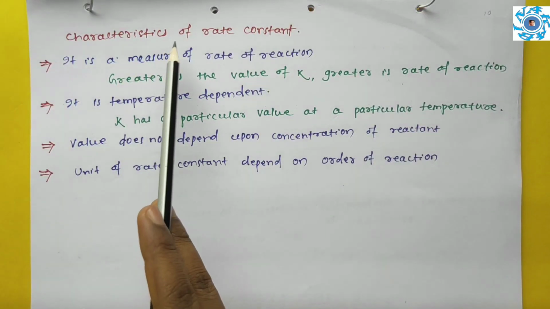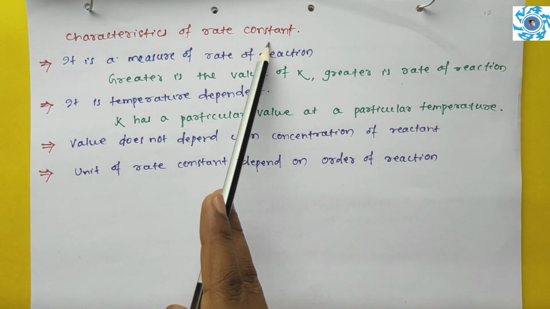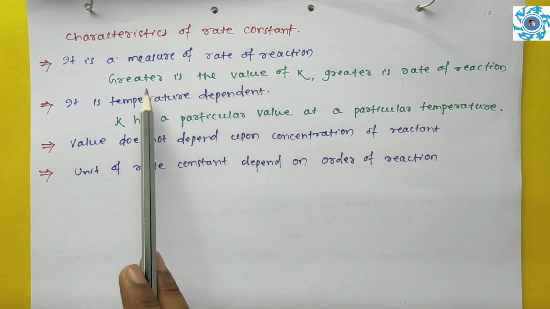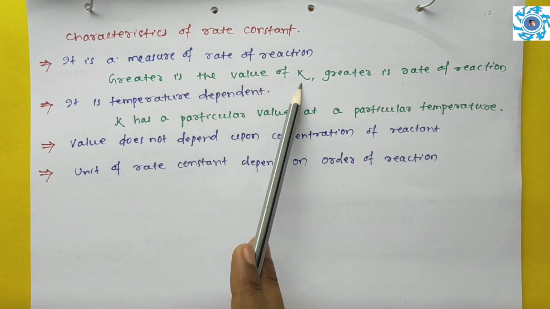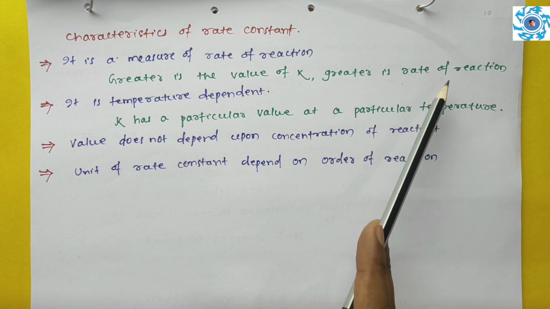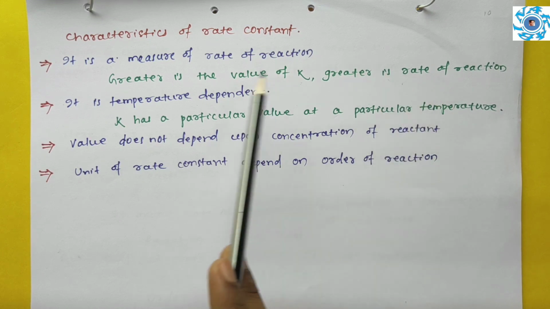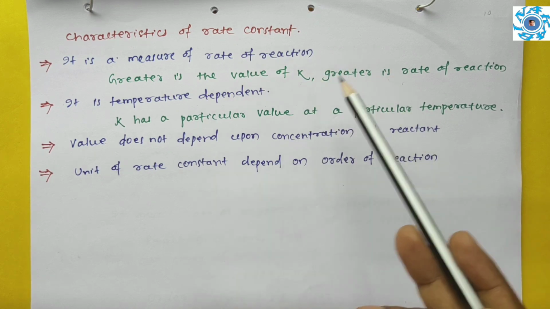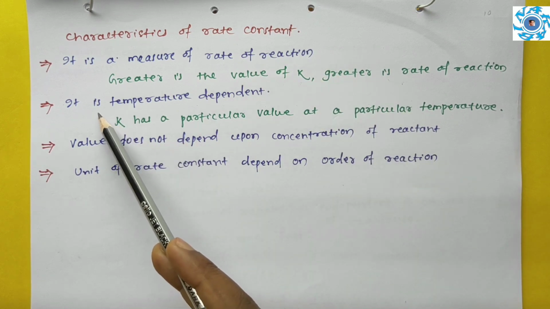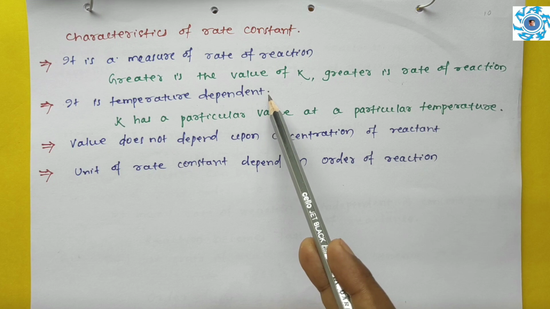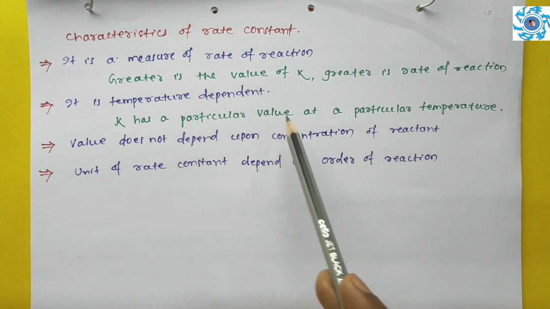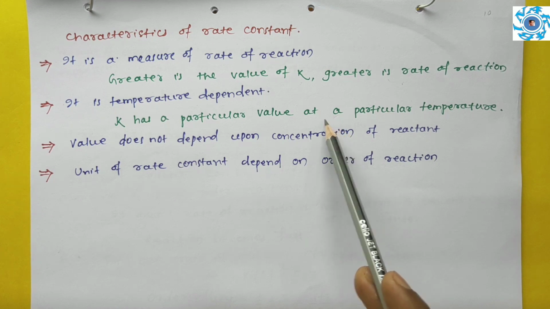So what are the characteristics of rate constant? It is a measure of the rate of reaction. Greater is the value of rate constant, greater is the rate of a reaction. That means if the k value increases, the rate of reaction increases. Next, it is temperature dependent. That means k has a particular value at a particular temperature.